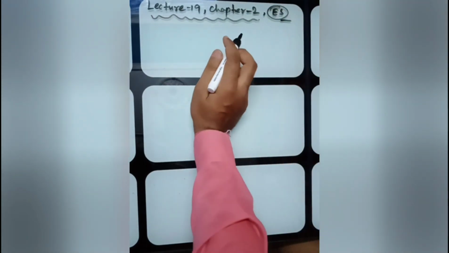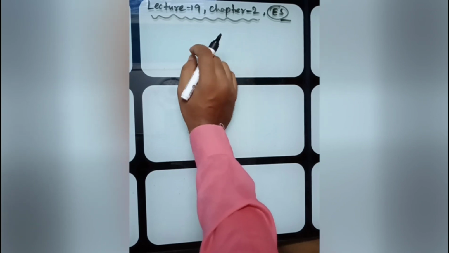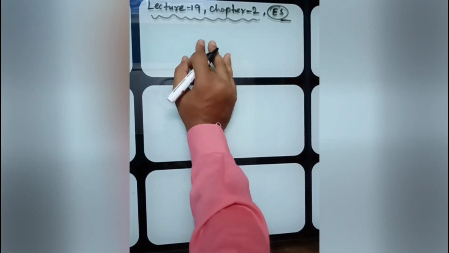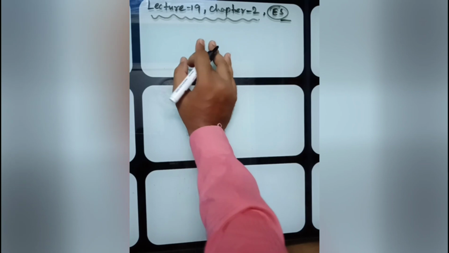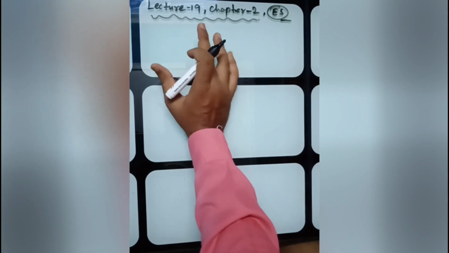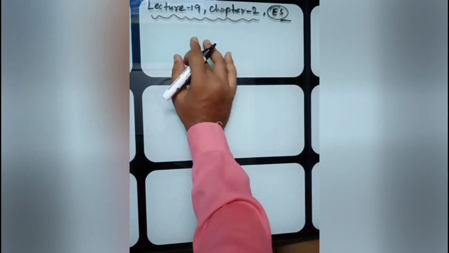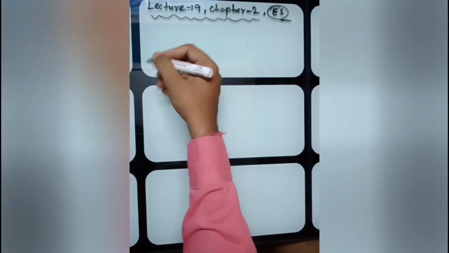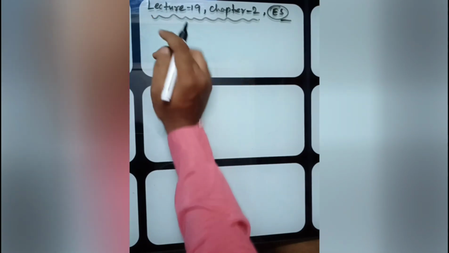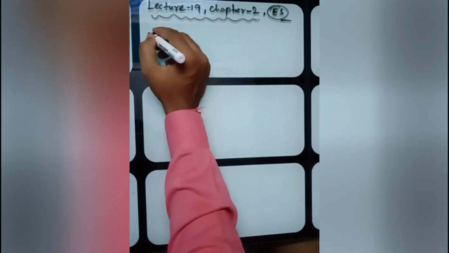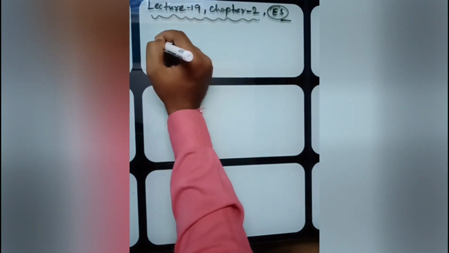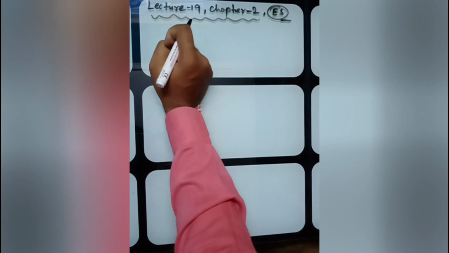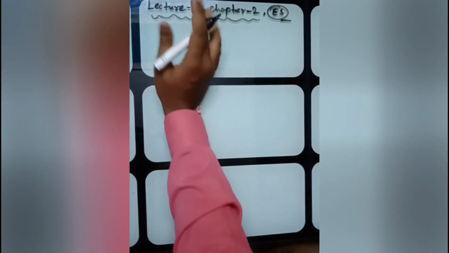My dear students, in last lecture 18, we have discussed the electric potential energy gradient. I'm giving you one question for the classwork, and then I will start today's mathematical derivation of electric potential due to point charge.